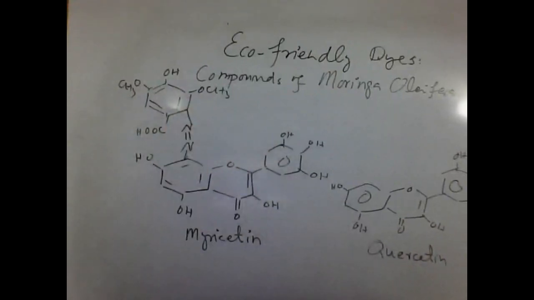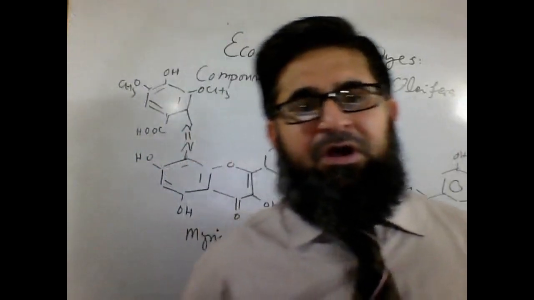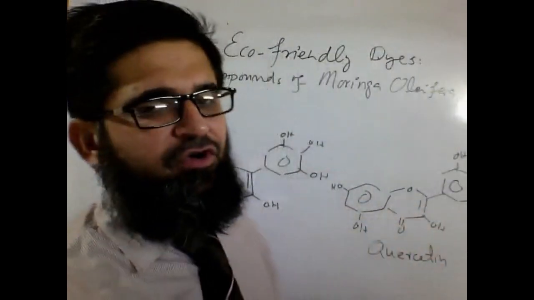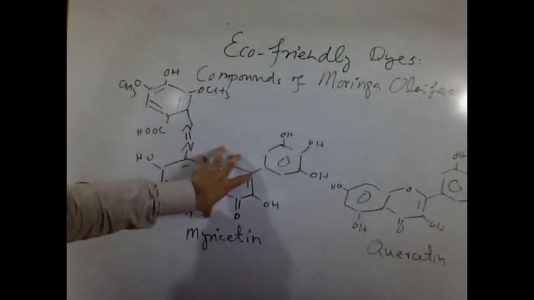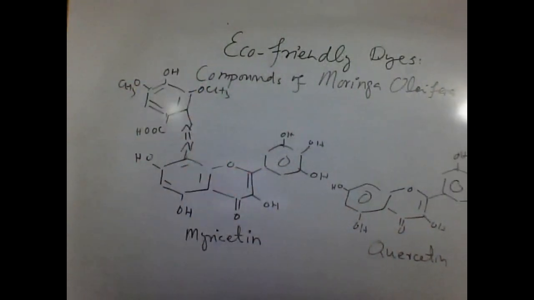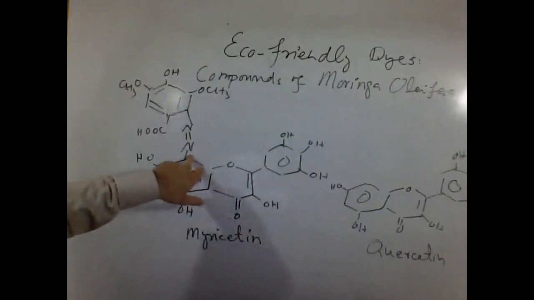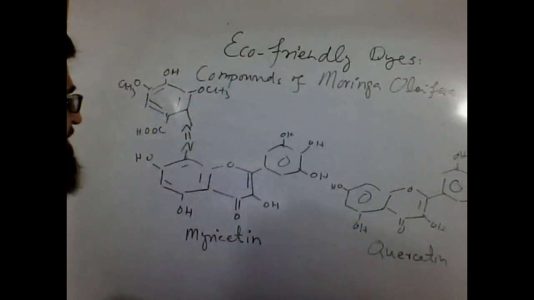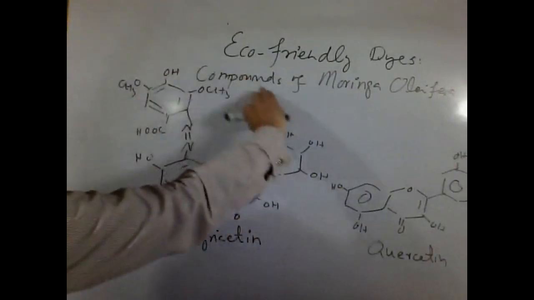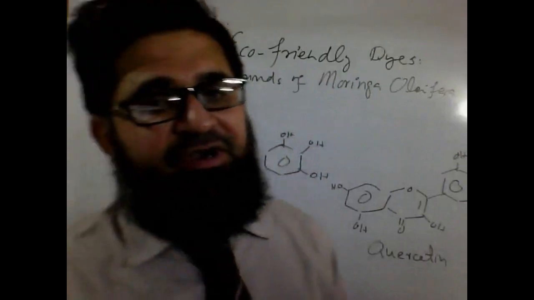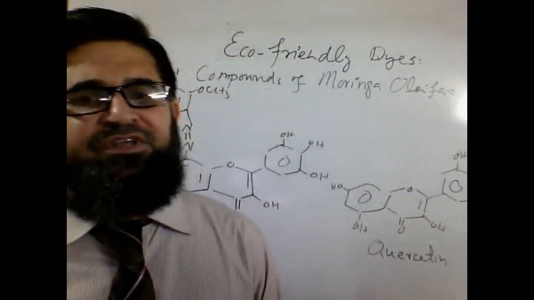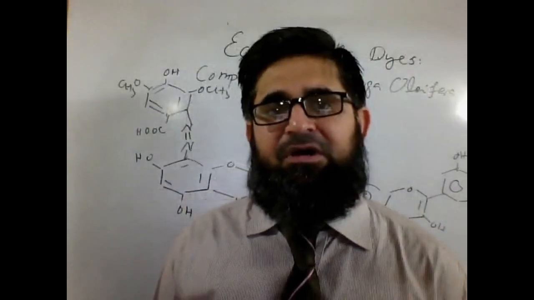So then we will have a natural dye, received from both components which belong to plants. We have performed nitration, reduction, and then reacted with syringic acid. So this dye will also be an eco-friendly dye, because no synthetic chemical has been involved. That means both the starting compound and the coupler are natural.